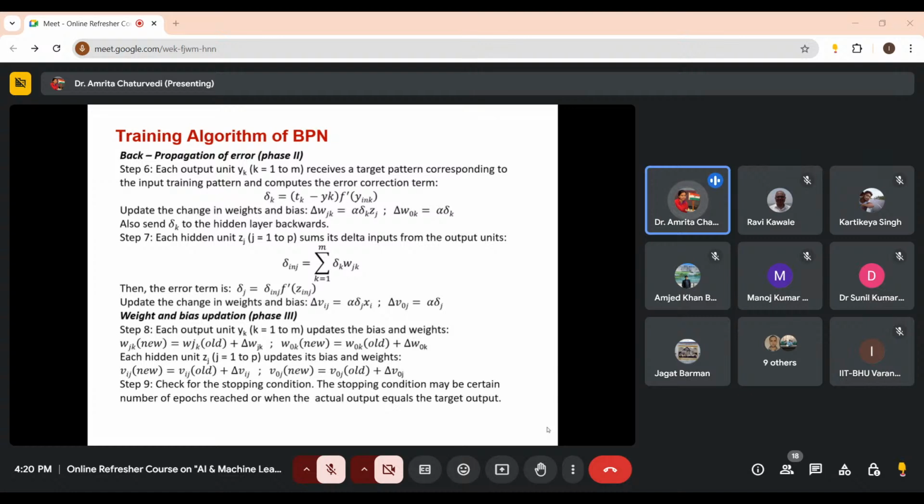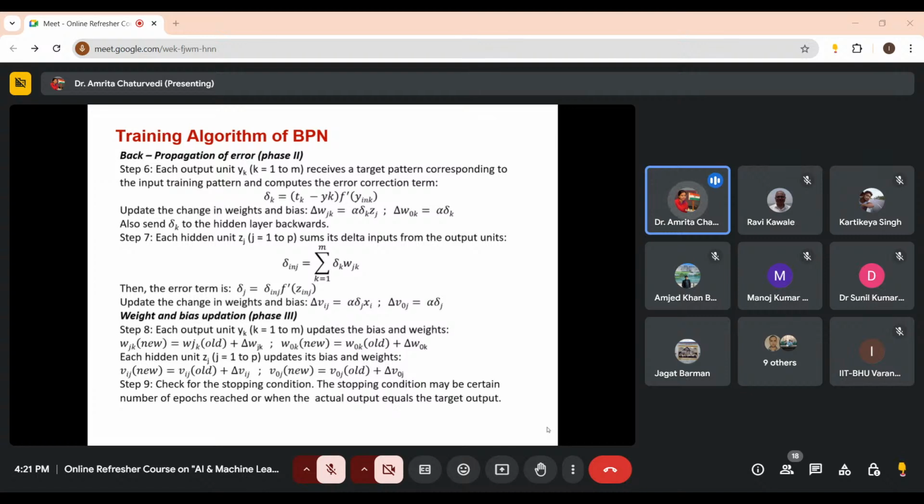Then the error term del j is equal to del inj f dash z inj. So f dash is the differential of the activation function at the hidden layer. Then you update the change in weights and bias. So delta Vij is equal to alpha del j Xi and delta V naught j is equal to alpha del j. So this is the change in weight and change in bias at the hidden layer.